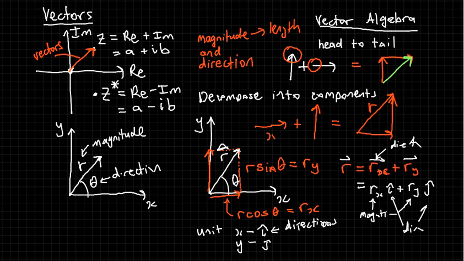Okay, and so what we've done is we've decomposed the vector into magnitudes and also into directions, which is really really useful. And this is basically what we do with imaginary numbers. We can decompose an imaginary number into its real and imaginary part, and then we add them back together, and we get the vector, which is our imaginary number.